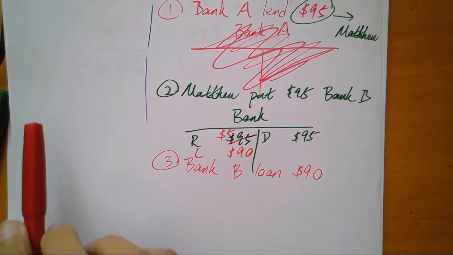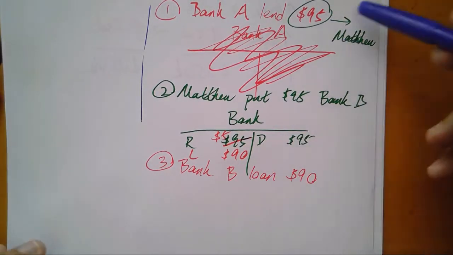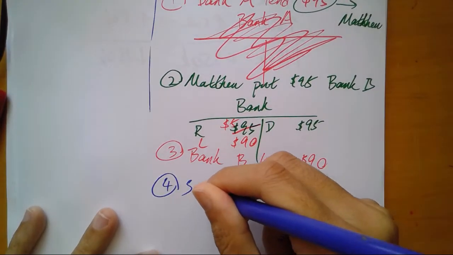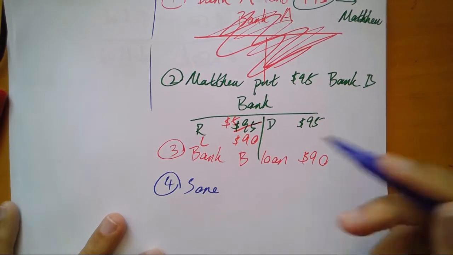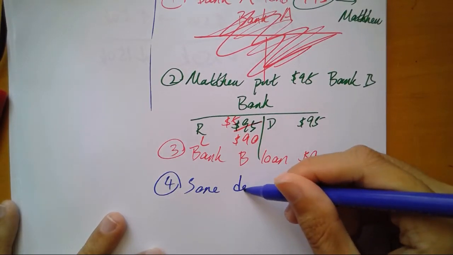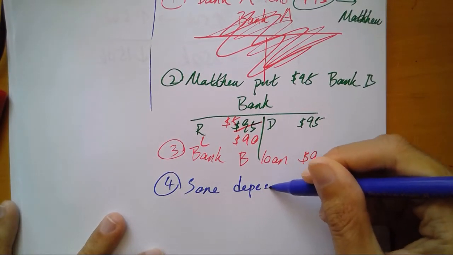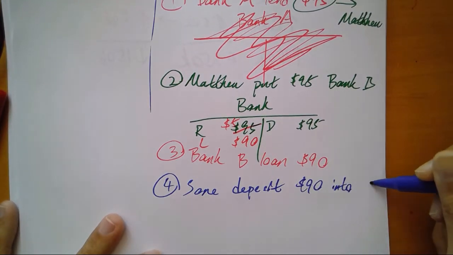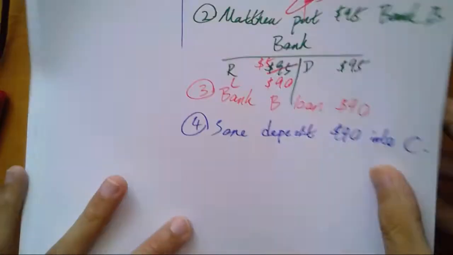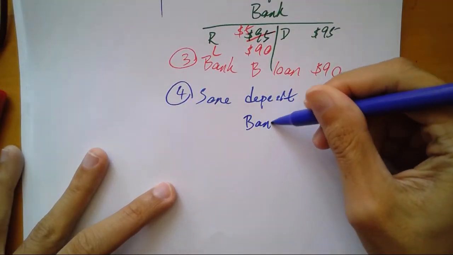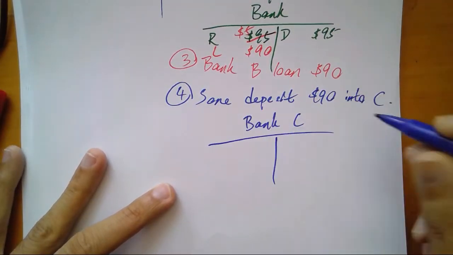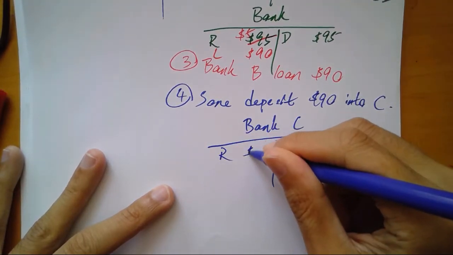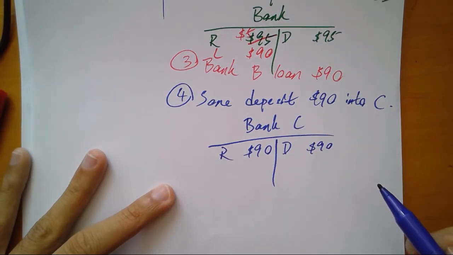Now this 90 would then repeat again: someone, I don't know who, puts this 90 as deposit into Bank C. Then we'll have Bank C with deposit 90, reserve 90, etc.